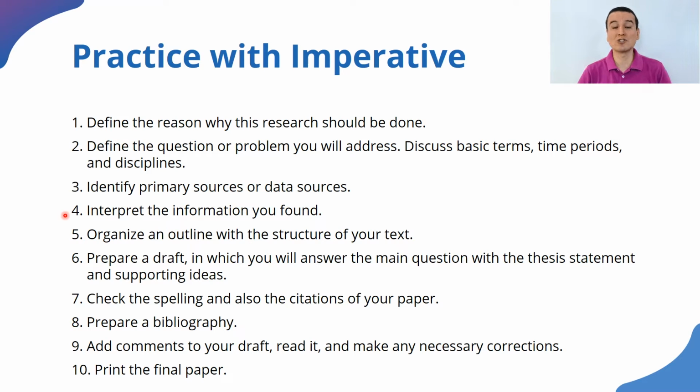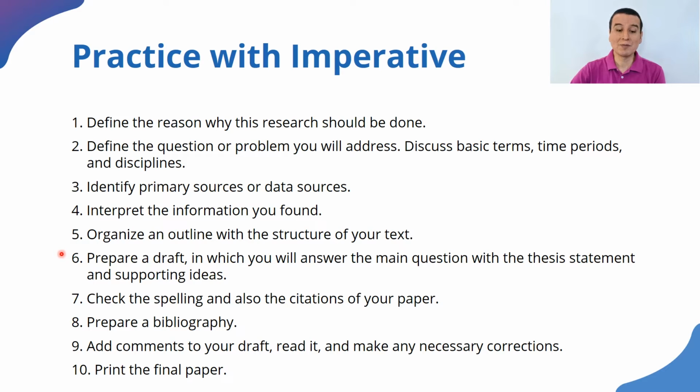Okay, now that you interpreted the information that you found, now you're ready to organize your notes to write your report. Number 5, organize an outline with the structure of your text. Outline, like the structure, how you are going to put together all the information.